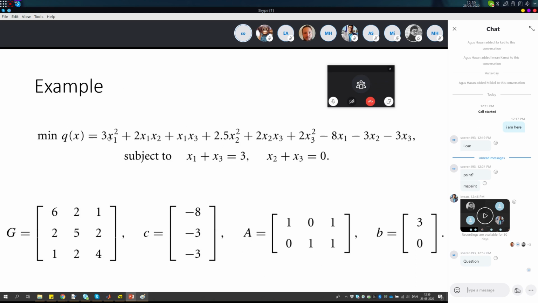So you have nonlinear terms from here into here, right? And then you have linear terms. Obviously from here, the linear part would be the coefficients of the linear terms, which is minus 8 for x1, minus 3 for x2, and minus 3 for x3. So you have minus 8, minus 3, and minus 3. So that's clear. How about G? How can you construct the G matrix from here?